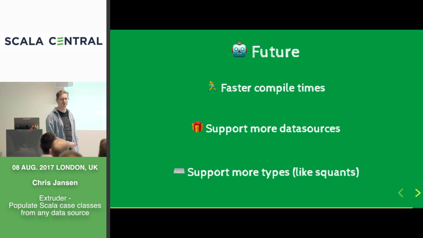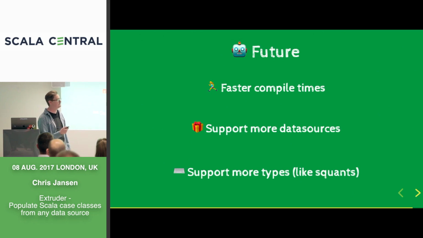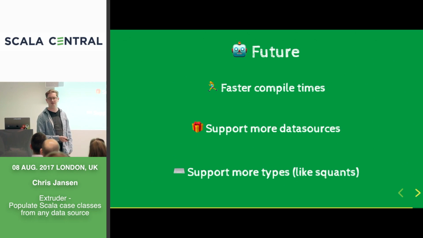If anybody's ever heard of squants, it's a library from Typelevel that has types for scientific measures. I already support refined types, so being able to say whether, say, an integer's positive or negative, that's already in there, so it will just be a case of following the same pattern to add this.